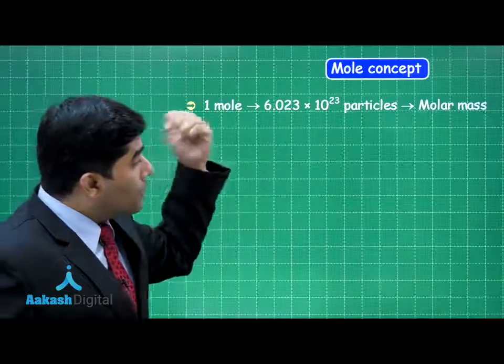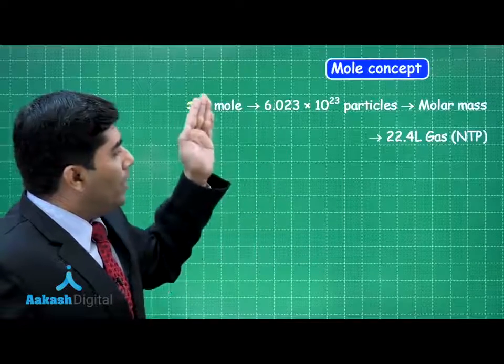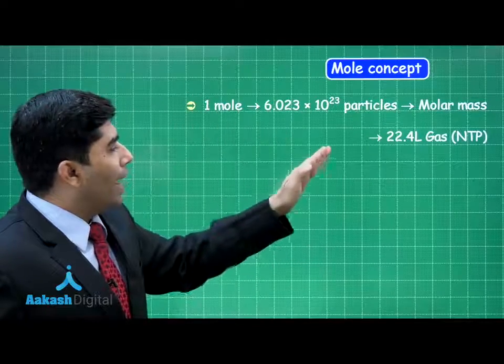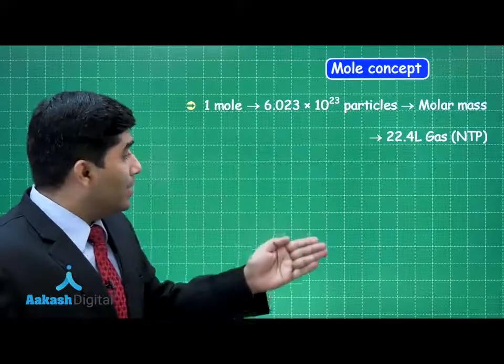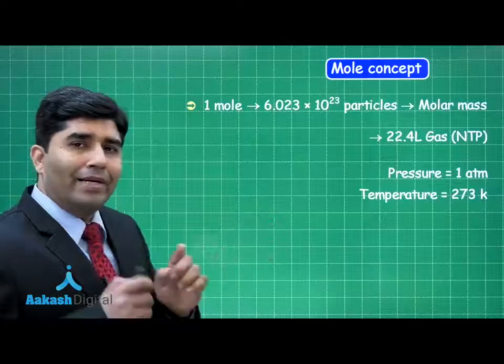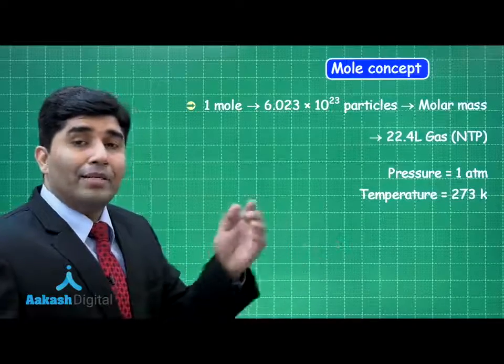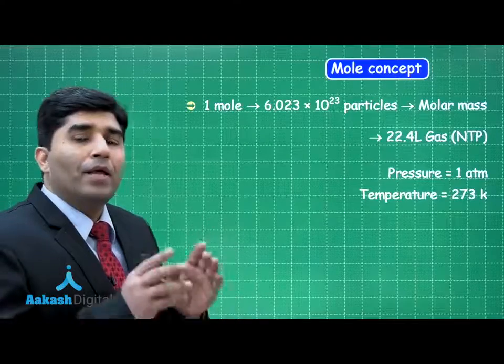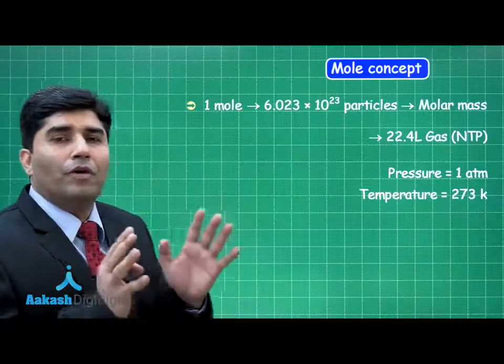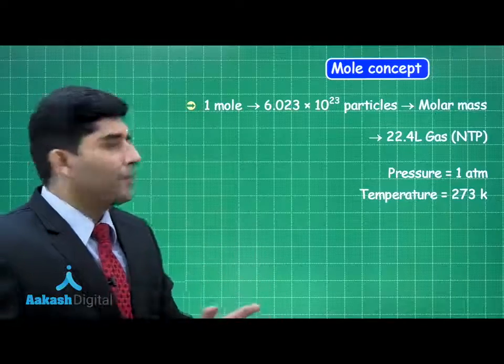And especially for gases, 1 mole will be equal to 22.4 liter at NTP. And what is NTP? Pressure is 1 atmosphere, temperature is 273 Kelvin. We will discuss this in detail in chapter number 5, states of matter. But for now, if we have 1 mole of carbon dioxide, we all know that CO2 is a gas.